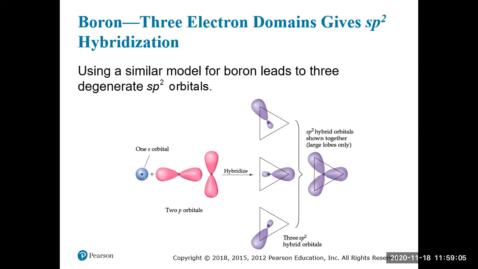That results in 3 hybridized orbitals along 3 different planes, and that's what we see drawn here under the hybridization. We put that together, just looking at those large lobes, and we see kind of a triangle type shape with the sp2 hybridization. Once again, I think you looked at some of this in the last lab, equating these hybridizations with different shapes.